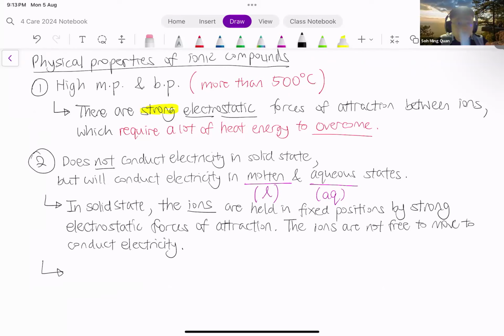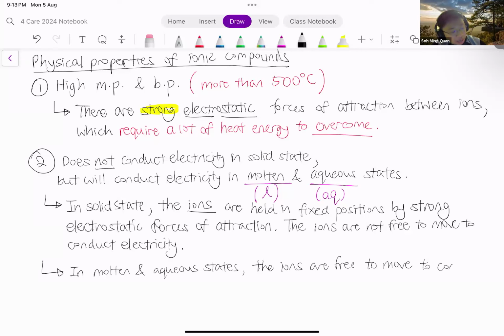So now let's move on to explain why it conducts suddenly in the molten and aqueous states. In the molten and aqueous states, the ions are free to move, to conduct electricity. So once you dissolve it in water, once you melt it, the ions can move freely. If I connect a battery and light bulb to the aqueous solution, it lights up the light bulb because it's now an electrical conductor.